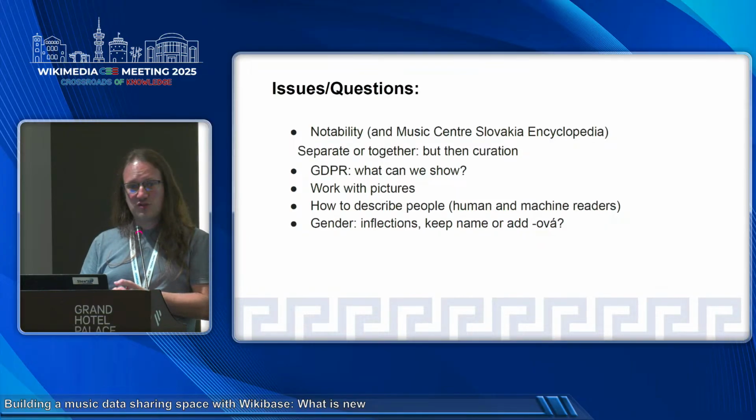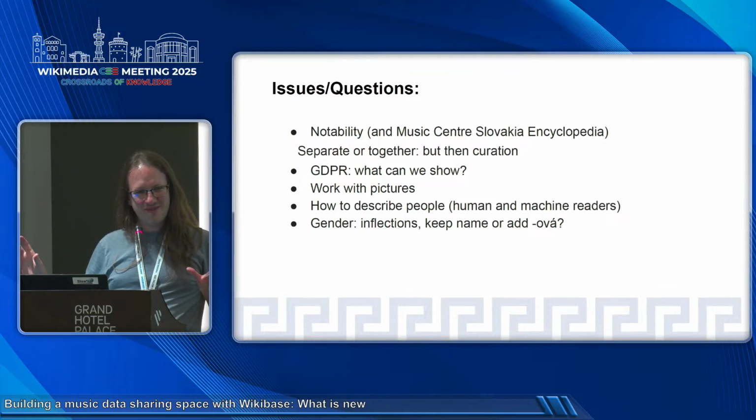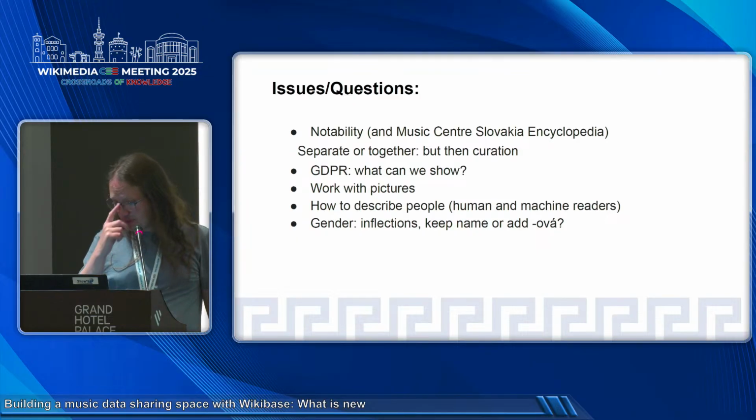One other thing that we discussed was how to make the description of people easily read by human and machine readers. So something that would be quite to the point, not too wordy, but also would encompass all the most interesting things about that person.